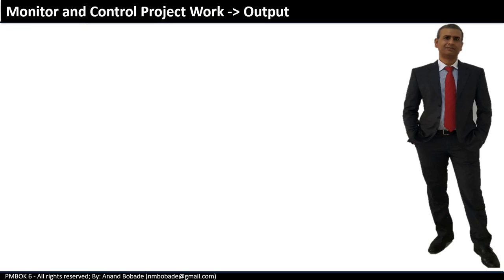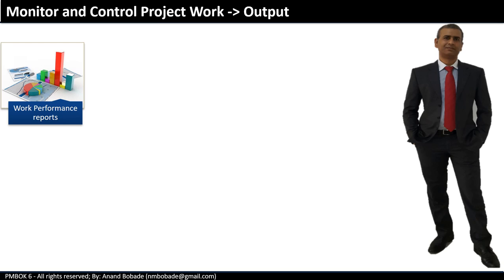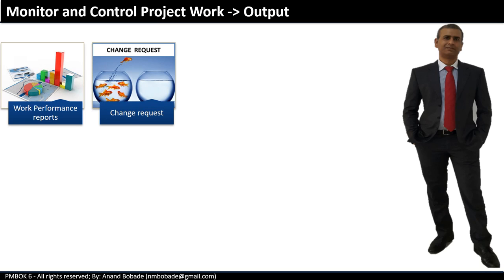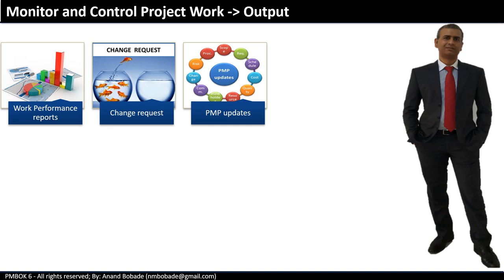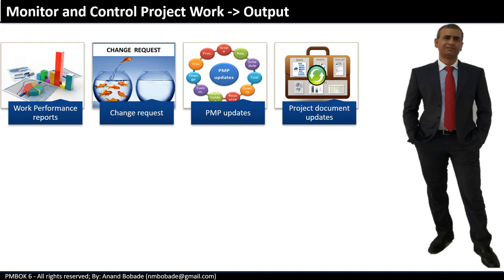The outputs of the monitor and control project work process are work performance reports, change requests, project management plan updates, and project document updates. Let's look at them in detail. Work performance reports. You know that work performance data is generated during the direct and manage project work process.